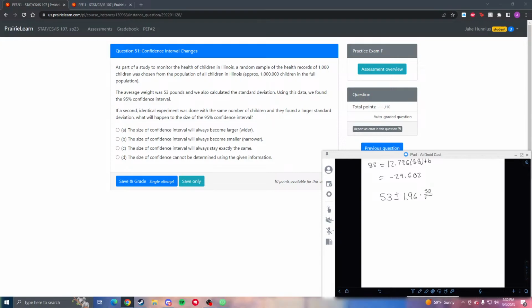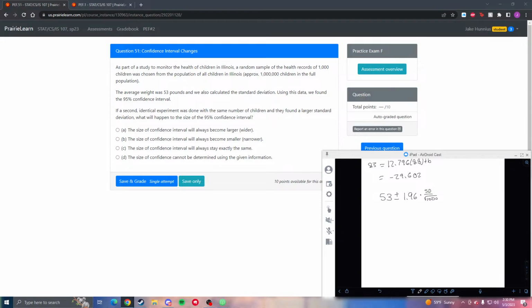And in this case, our n is 1,000. So root n is a weird number, I'm just going to type in root 1,000.